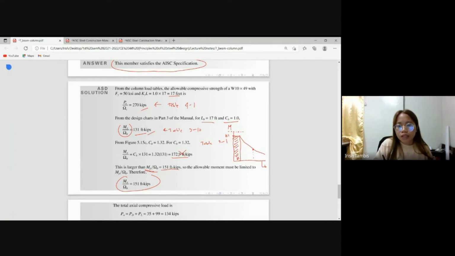But if it is less than that, the value is just equal to, for example, 140 kilopounds feet.